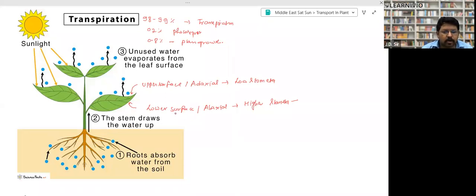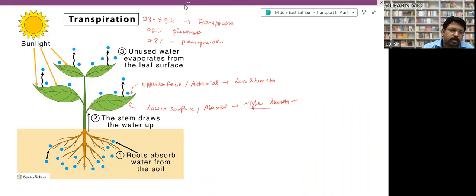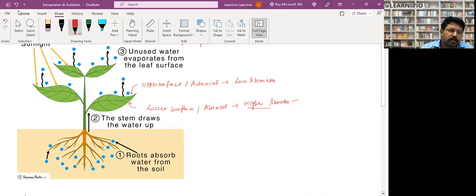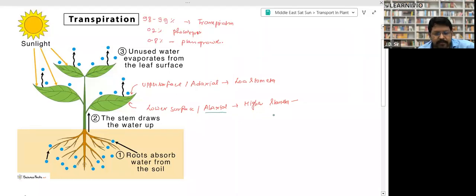The lower surface of the leaf is called the abaxial surface, and it has a higher number of stomata. The upper surface of the leaf is called the adaxial surface, and in the adaxial surface the number of stomata is low. Why?